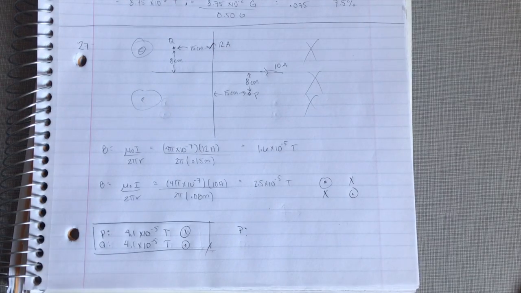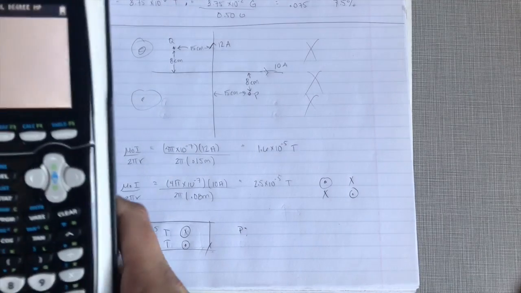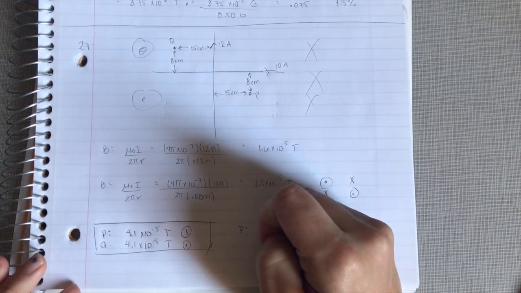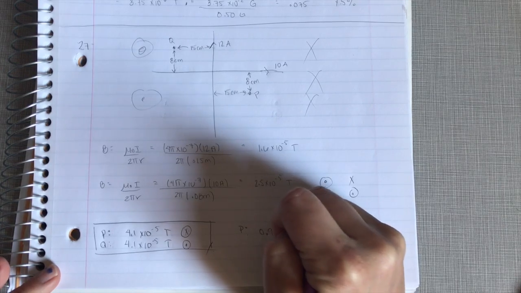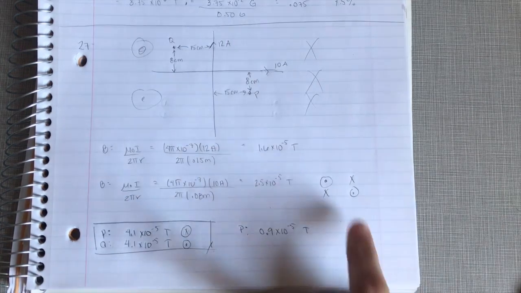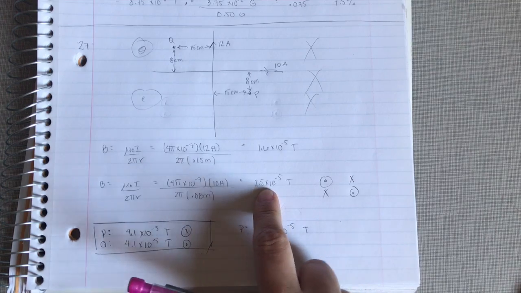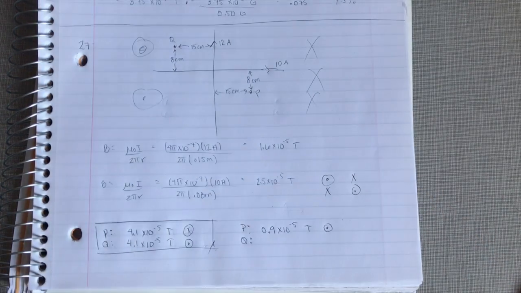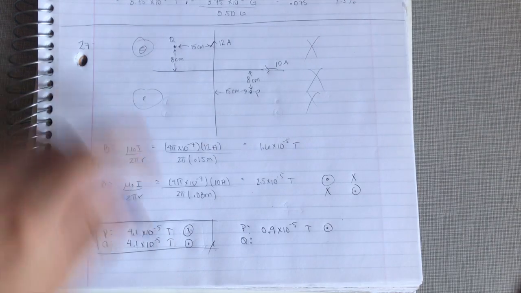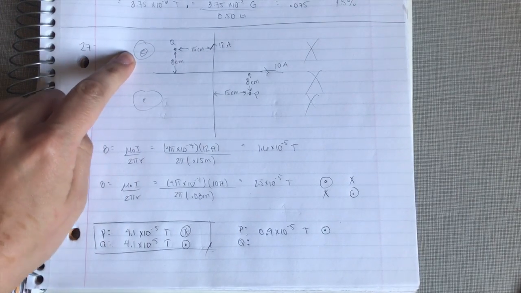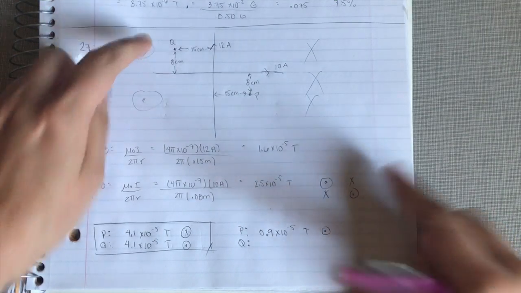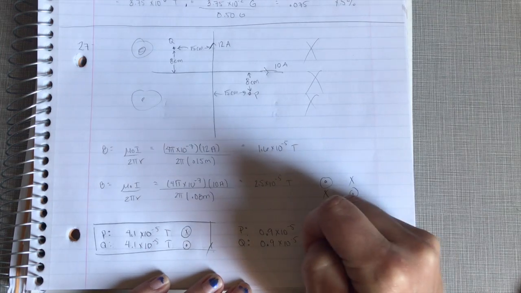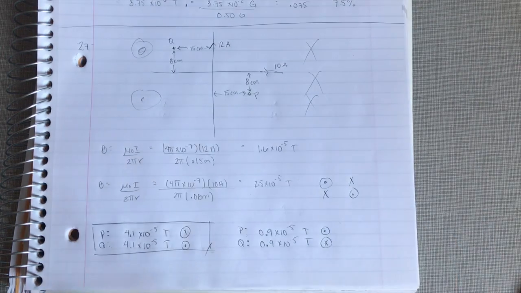So that's going to give me the difference, 1.6 minus 2.5, so 0.9 times 10 to the minus 5 Tesla. My out of the page is stronger, so it's going to win. So that's out of the page. And at point Q, my 12 amps are coming out of the page and 10 amps are going into the page. So it's going to be 0.9 times 10 to the minus 5 Tesla into the page.